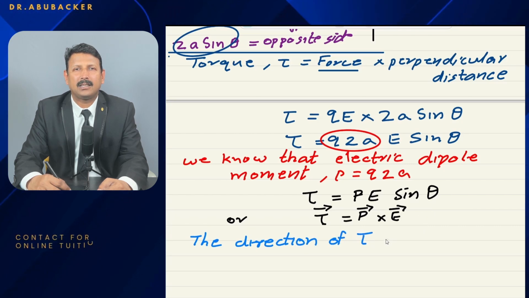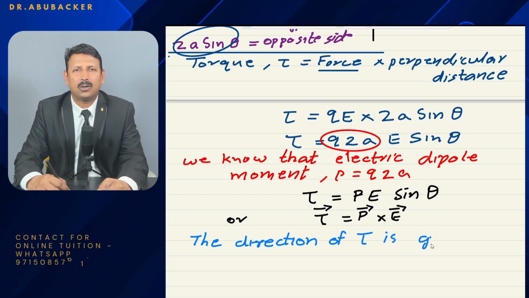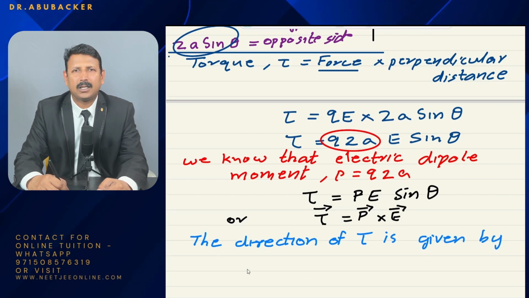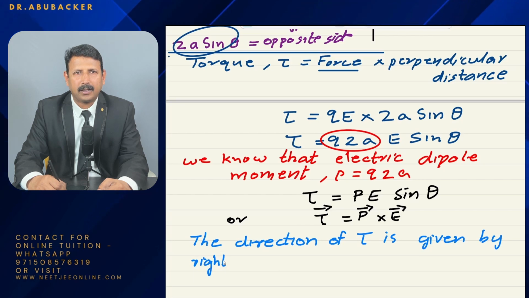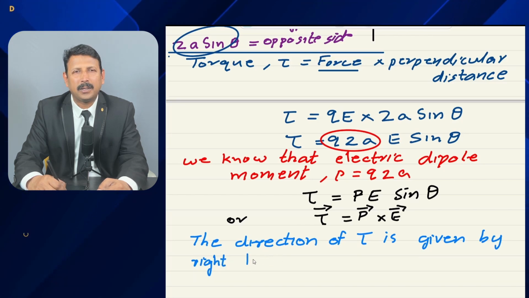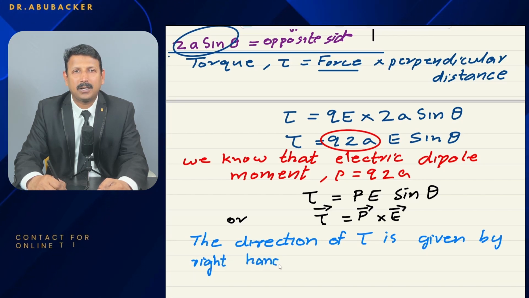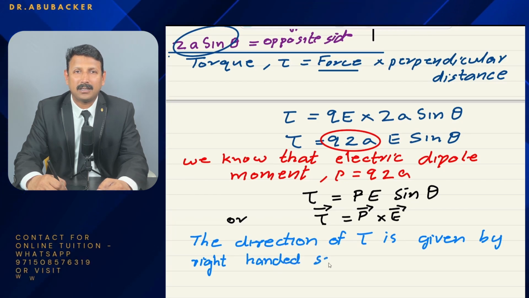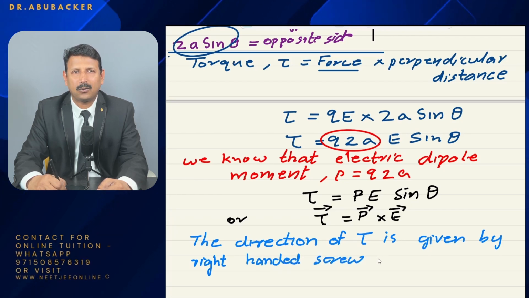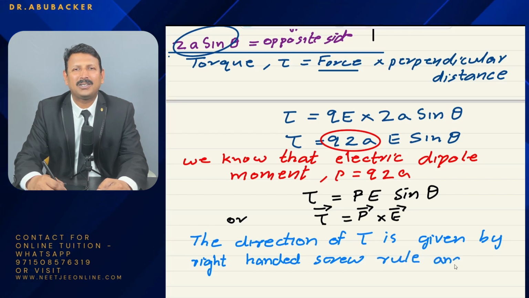Now the direction. We also want to know in which direction the torque will act. The direction of tau or torque is given by one of the rules you studied in grade 10: right hand thumb rule, Fleming's left hand rule, Fleming's right hand rule, right handed screw rule, that is how a screw goes into the wall.